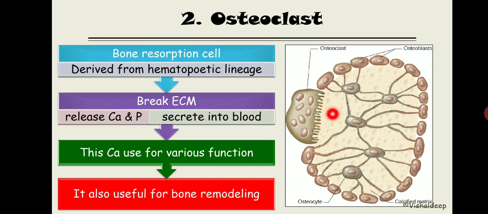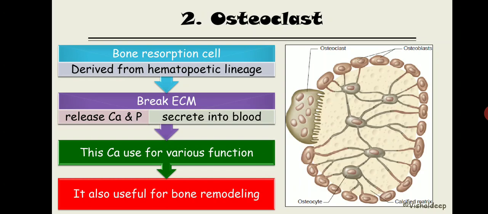Once the osteoclast finishes the bone resorption, it makes a space over here. That space will be invaded by the adjacent osteoblast and make a new set of bone over here. It secretes the extracellular matrix and it crystallizes and makes a stronger bone.